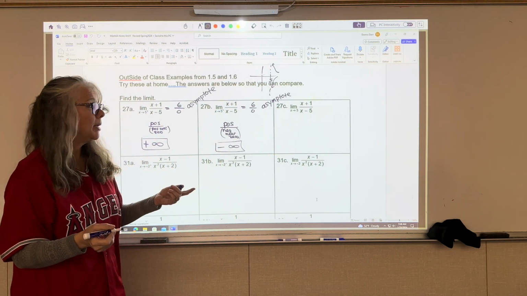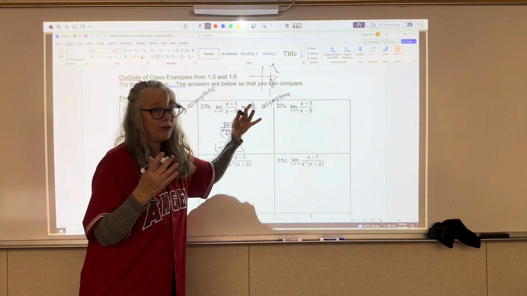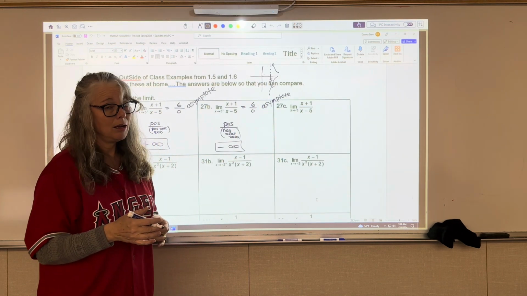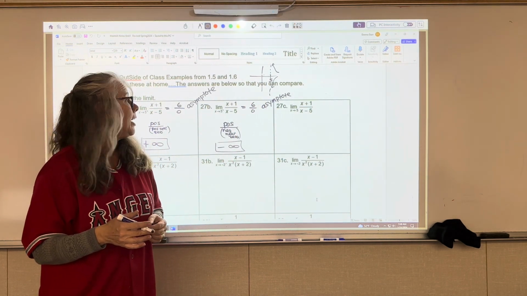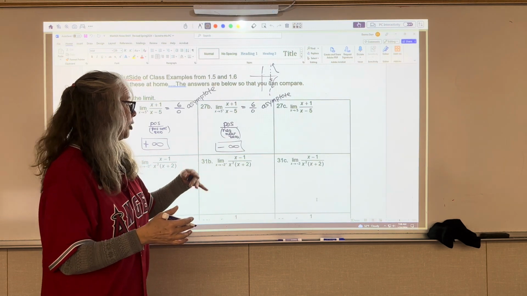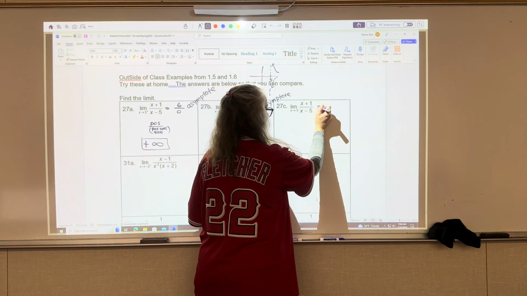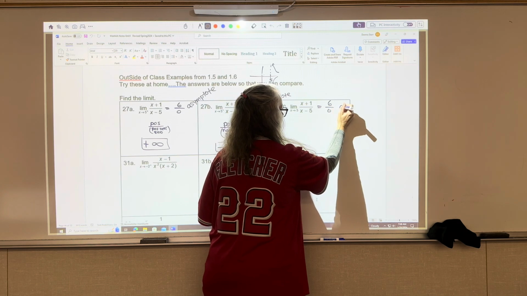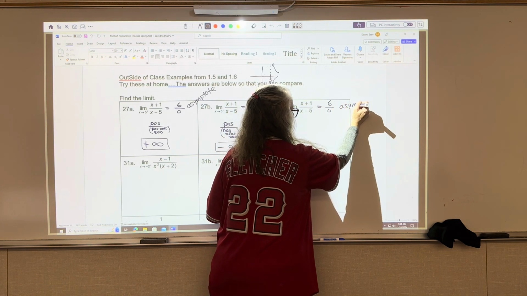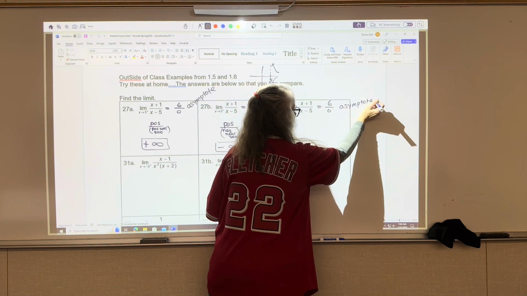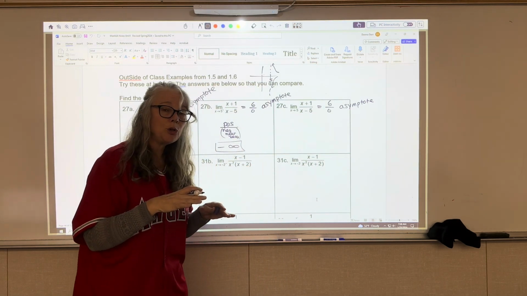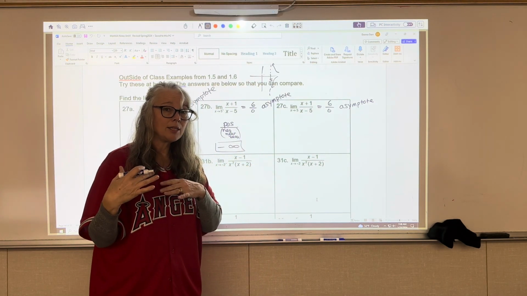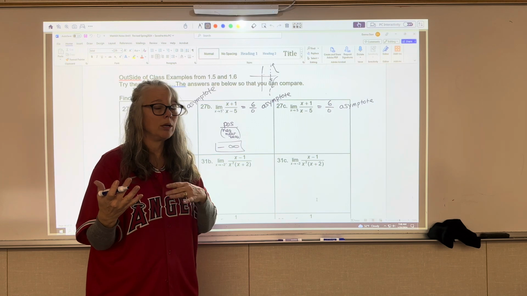Then I have the limit as x goes to 5, same function, and that's a two-sided limit. Since it's a two-sided limit, when I plug in, I get the same thing, 6 over 0, which tells me an asymptote. But on a two-sided limit, you have to verify that the right side and the left side are equal to one another.